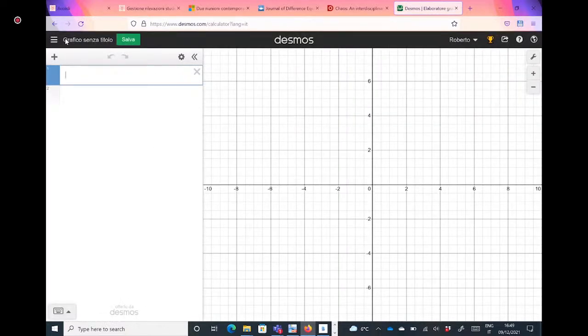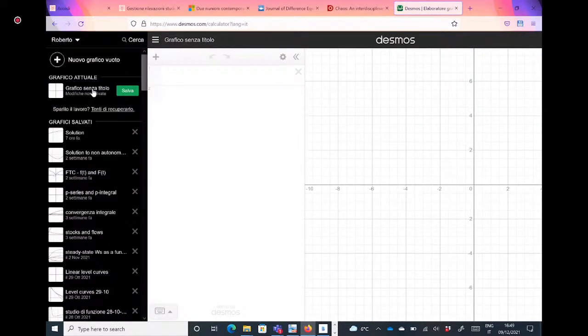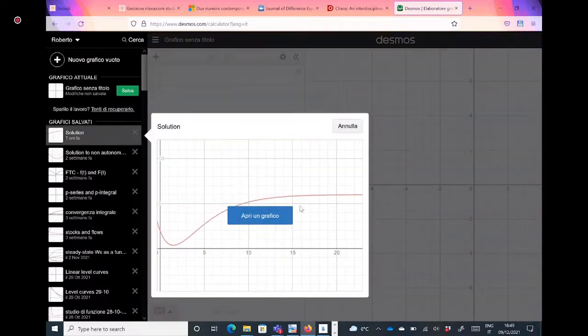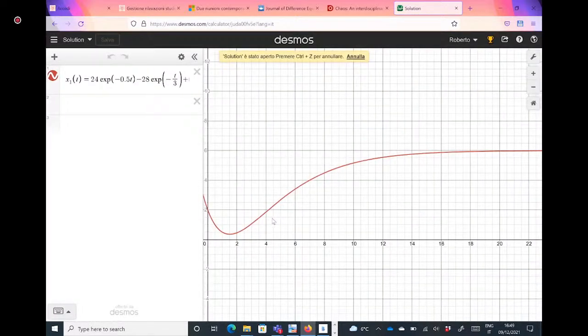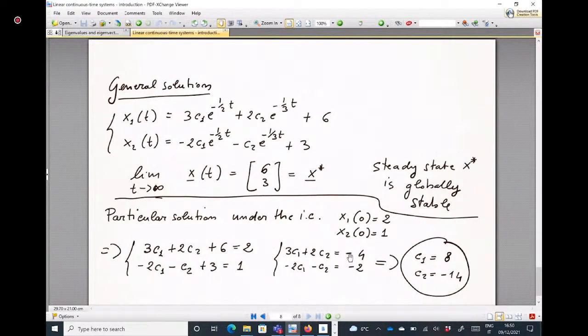representation of the solution. Here I wrote variable x1 of t already. Now we write variable x2. So what happens here is that if I replace C1 with 8, this becomes 24 C1 minus 28 C2, because C2 is minus 14.